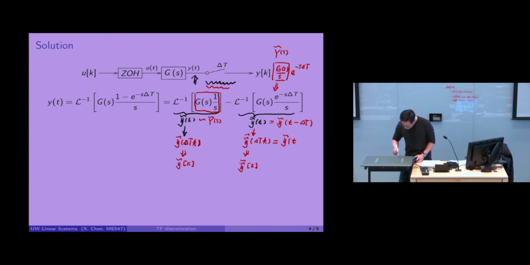Therefore, when we sample Y double tilde at every delta t k, we just replace t with delta t k minus delta t, and it equals Y tilde of (k minus 1) delta t.